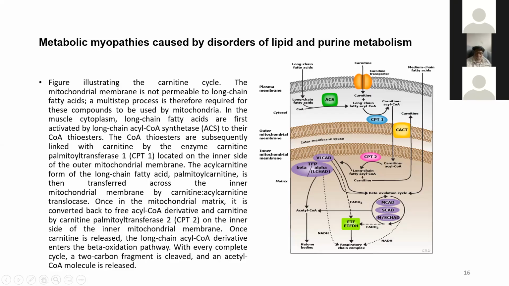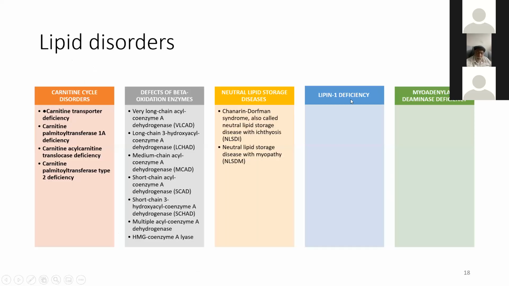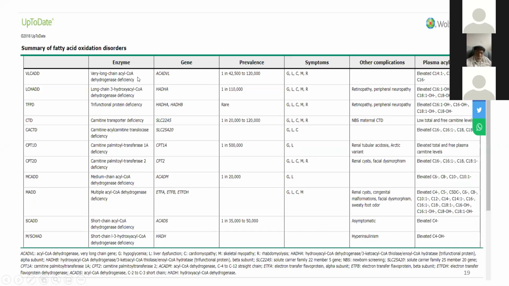These are the names of the lipid disorders: either carnitine cycle disorder, defect in the beta oxidation enzyme, or neutral lipid storage disease, lipin-1 deficiency and deaminase deficiency. These are the sites of deficiencies. These are the fatty acid oxidation disorders, according to the enzyme defect: very long chain, carnitine transporter deficiency.